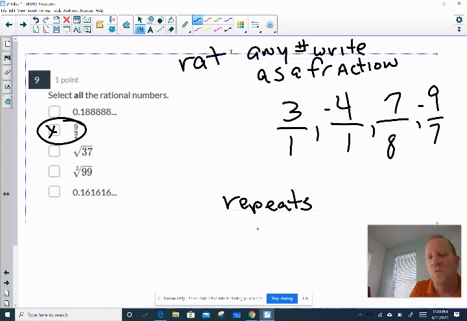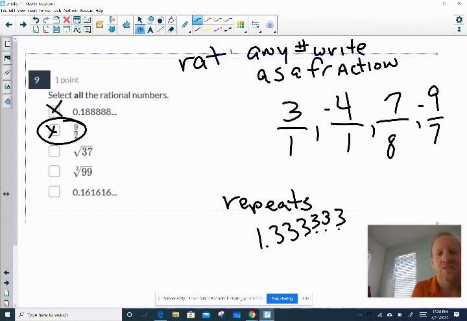So in other words, 1.333... That 3 means this number's 3, that number's 3, that number's 3. That is a rational number. Look, that one repeats. It's a rational number. Another one, look, 1, 6, 1, 6, 1, 6. That one repeats. It's a rational number.